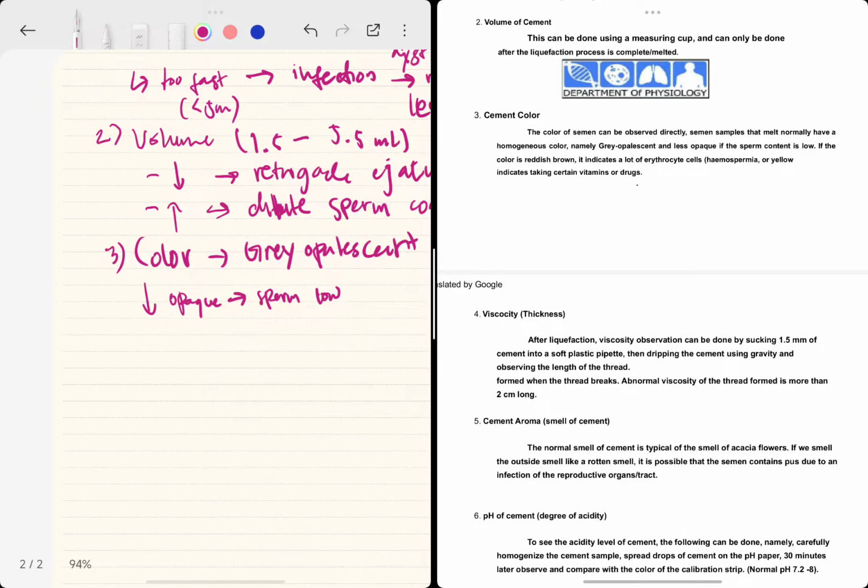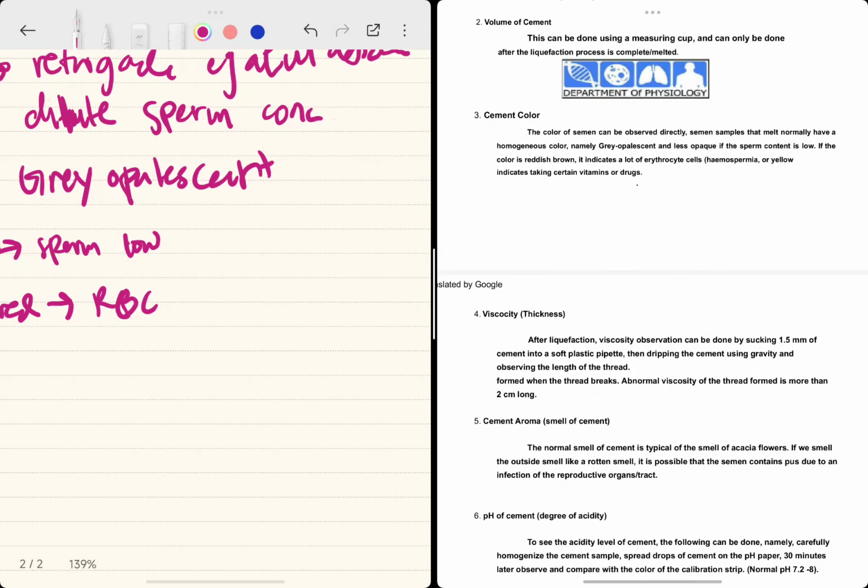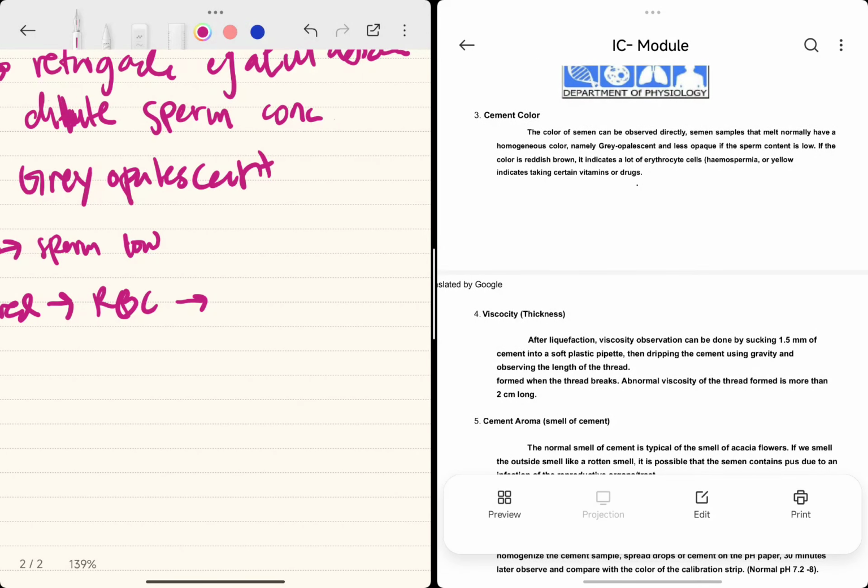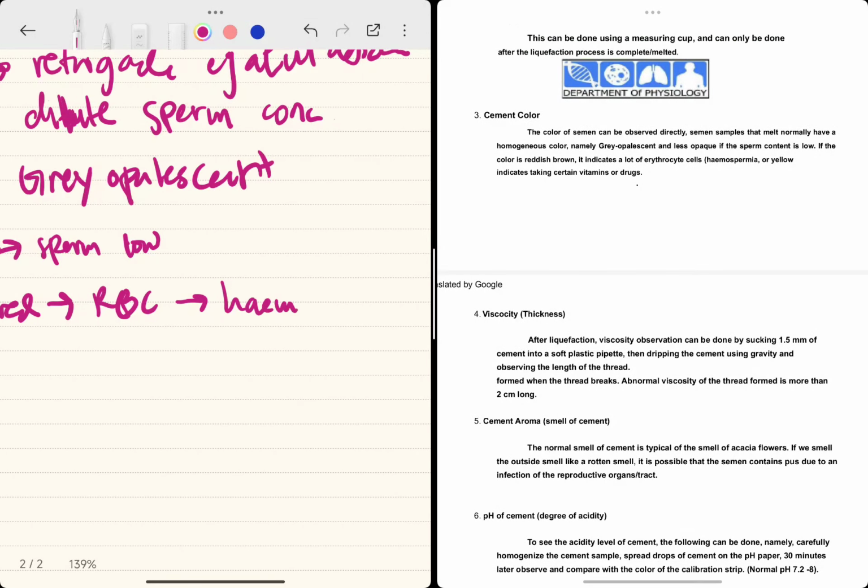If it's brownish red, it could be that they have RBC. It has a name, which is hemospermia. Hemo means blood, and this one is sperm.